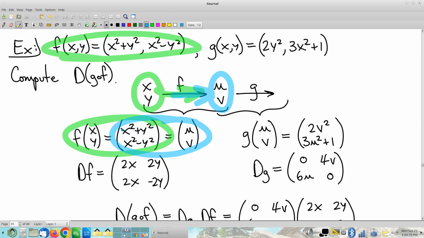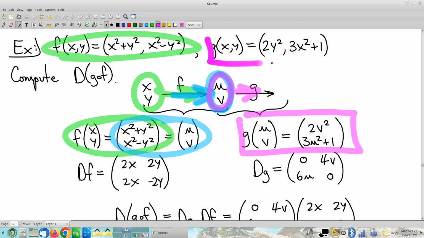I don't know, let's call them u and v, not that it matters. Once you've decided u and v are the things that come out of f, then u and v had better be the things that go into g. That means I need to rewrite g in terms of u and v instead of x and y.